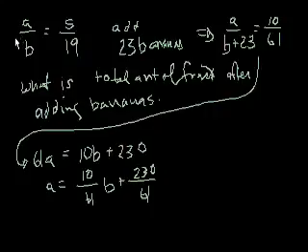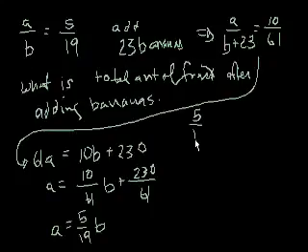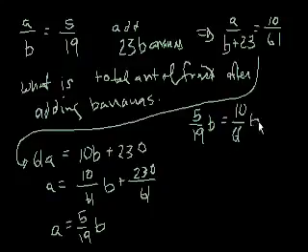And we could take this equation and multiply both sides by B, and we say that A is equal to 5/19 B. Well, both of these are equal to A, so we could set them equal to each other, and we get 5 over 19 B is equal to 10 over 61 B plus 230 over 61. And we solve for B.